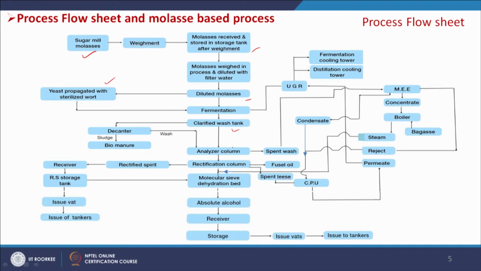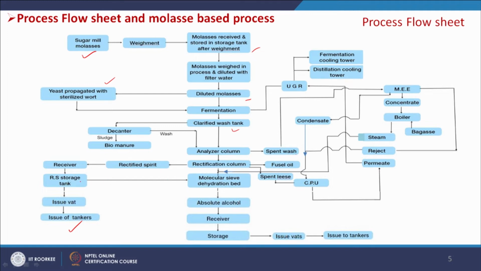So, we can get the vaporized material which goes to the rectification column, and the bottom part of the analyzer column gives us spent wash, which is the waste material that needs to be treated. And then after the rectification column, vapor is going as rectified spirit, and then it is going to the receiver, and then the rectified spirit storage tank, and then issue and issue of tankers. That means we are getting the final product here, and that is rectified spirit.